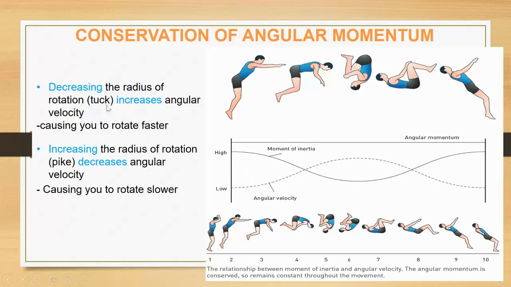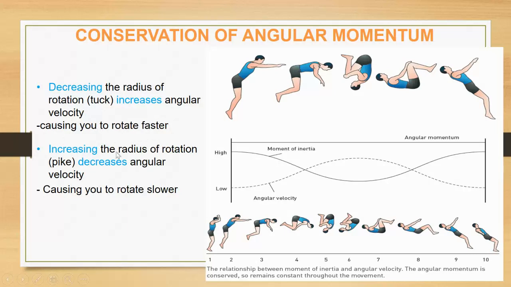By decreasing the radius of rotation, which makes up the moment of inertia, you're increasing the angular velocity. So when you tuck up in a ball, you can rotate faster. That decreases your moment of inertia when you tuck up into a ball. You have a smaller resistance to change your angular rotation, and that causes you to rotate faster.